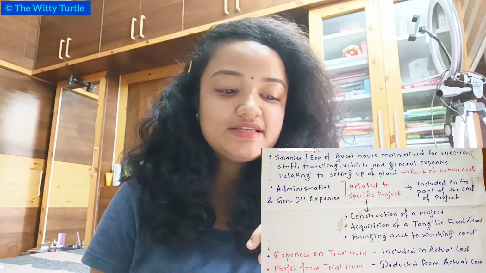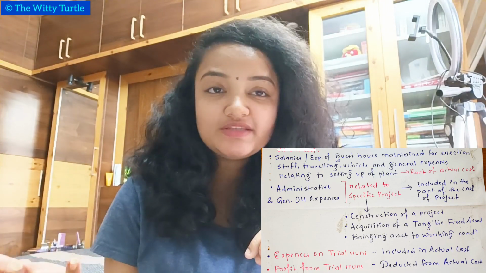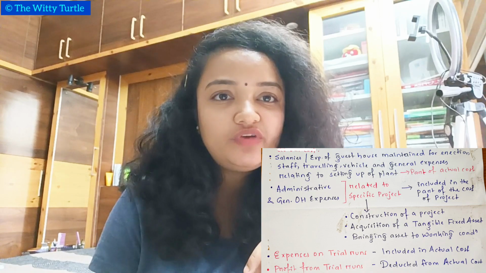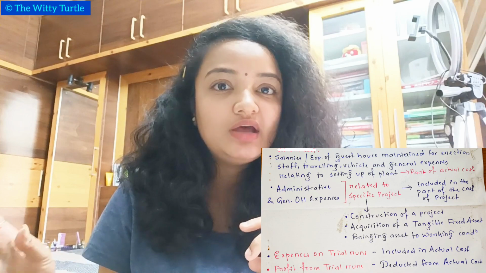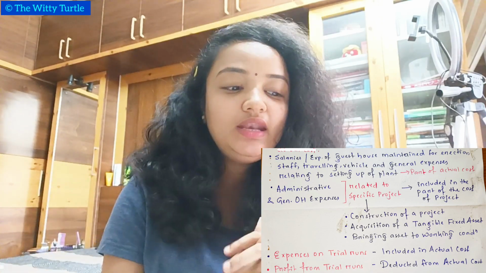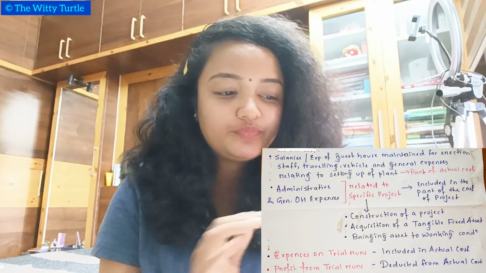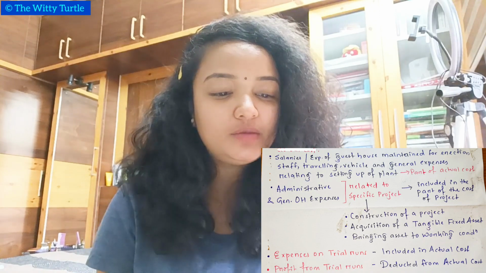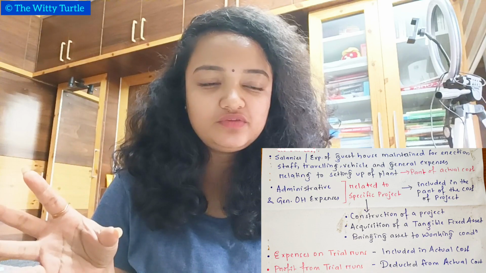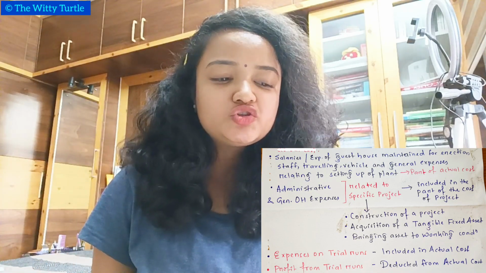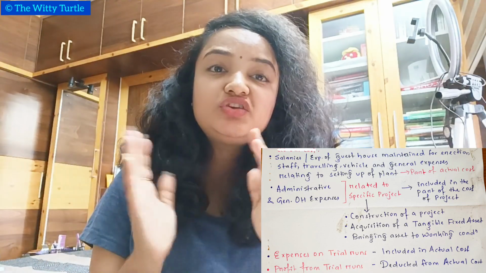Now, the next thing says what? When it comes to administrative expenses or general overhead expenses, if they are related to a specific project, then they will be included in the cost of that specific project, right? And here, when it comes to general overhead or administrative expenses related to a specific project, it basically includes three things. The first is construction of a project.